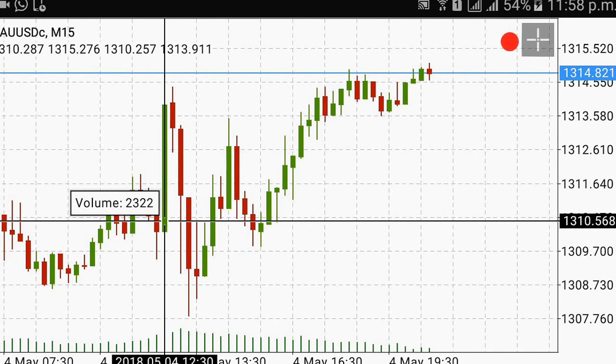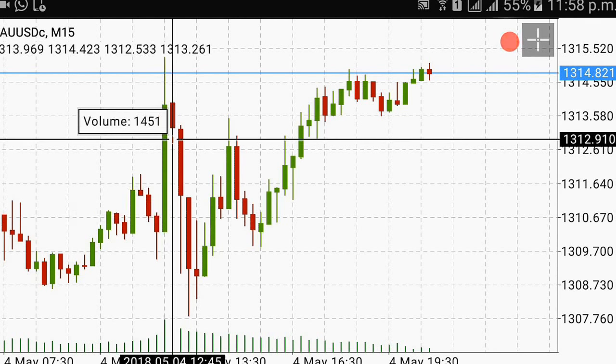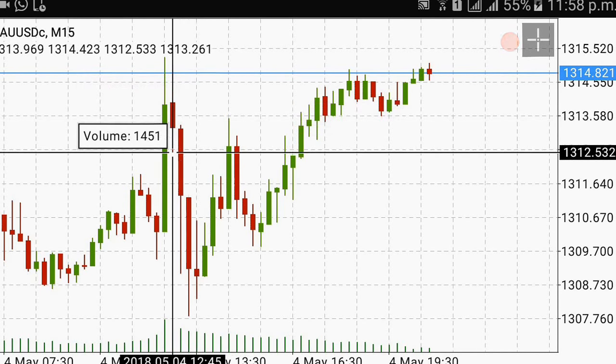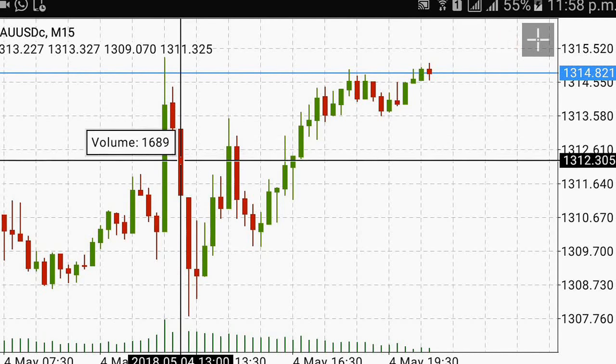If in these 15 minutes someone was following the color theory, he would have placed his orders in the buying direction, in the direction of the color that was green. So he earned. In the next 15 minute candles, the color changed to red. So if he started following this, he started placing his sell orders from here. And you can see how his trades went up.